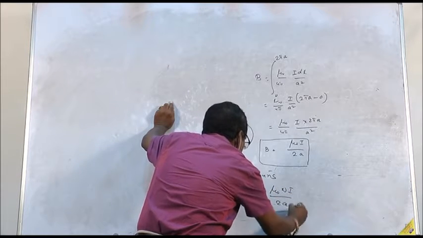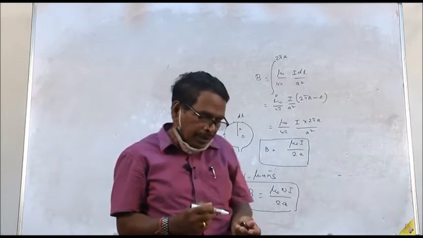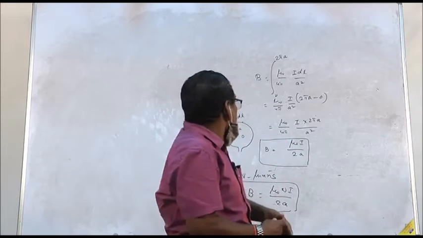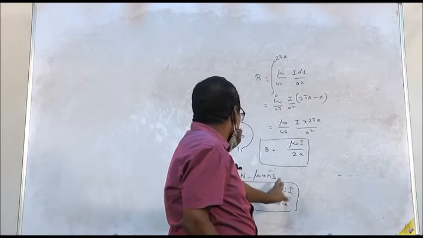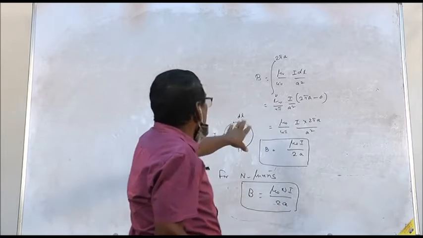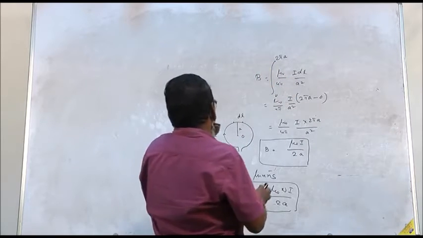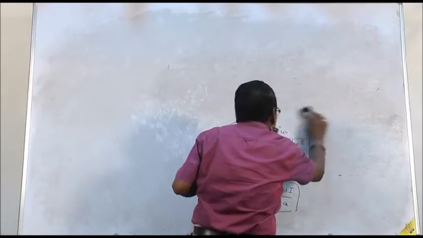So, remember the formula, for 1 turn or n turns. In the examination, you may get numericals on this. For a numerical, current will be given, number of turns will be given, the radius will be given, and you can put the value of mu 0 and find out the flux density. So, this is the flux density at the center of a circular coil carrying current.